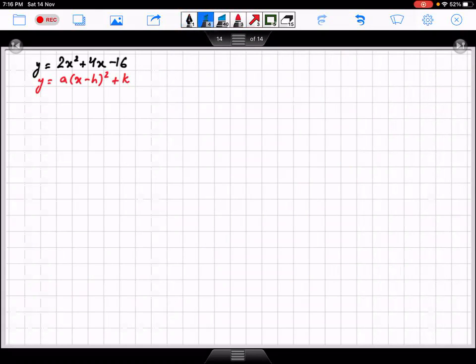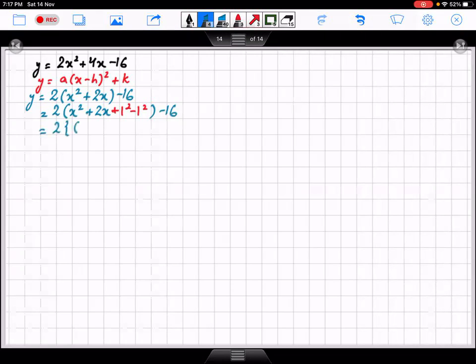First of all, I will take 2 common. It should become x squared plus 2x, while minus 16 remains outside. Taking half of 2 is 1. So I should be adding and subtracting the square of 1 while 16 is outside.